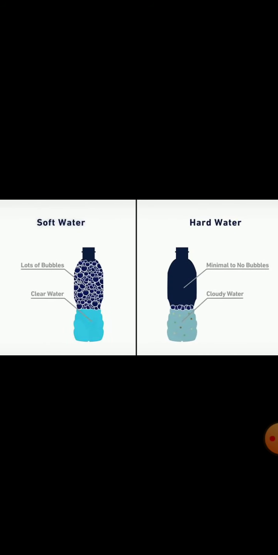One question is asked: in which test tube do you get more foam? When we shake the test tube vigorously, we get foam, which is bubbles. The test tube in which we have kept soft water, which is rainwater, will give lots of bubbles.